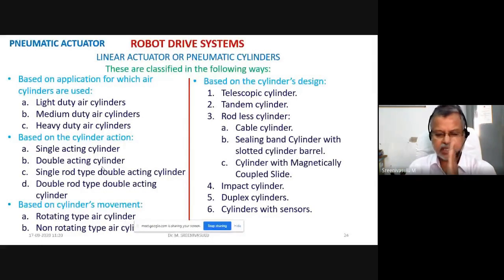Say this is the piston, this is your shaft, and this is the rod. If this rod is single, then when the piston moves forward and backward, the rod will be moving only on the right side of the piston. That case comes under C, single rod type double acting cylinder.